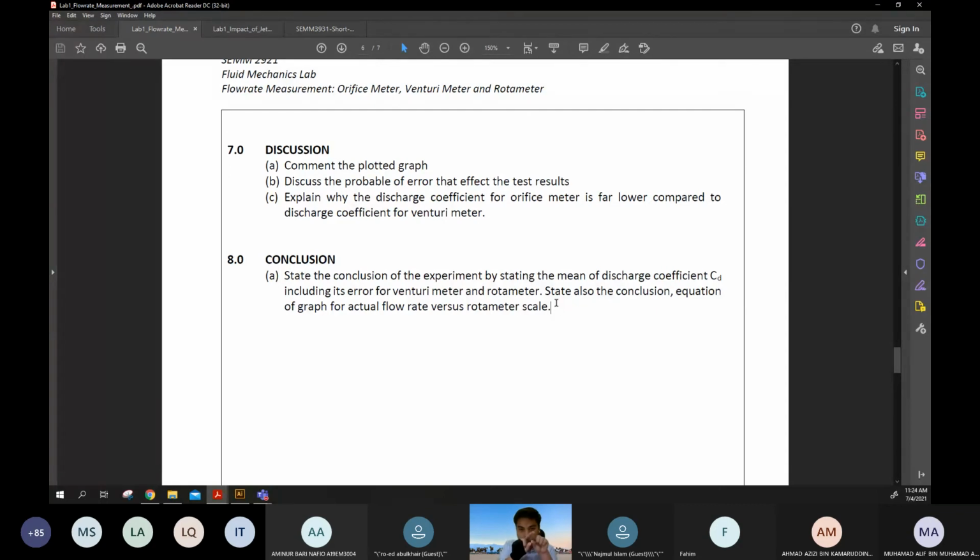State your conclusion, "the below is the conclusion that we found from the experiment," in point form. The first point, explain what you get, what the value of CD is. The second point is about the error. Please give me point form for the conclusion.